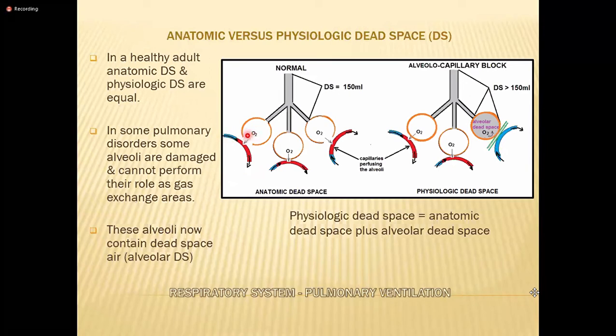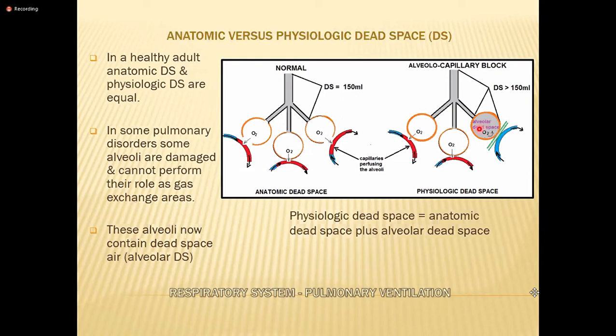Normally you have your oxygen, right? And who delivers the oxygen? From the outside, and then it will go to the capillaries that perfuse the alveoli. If there is no perfusion, what happens? The oxygen will just remain in the alveolar area.